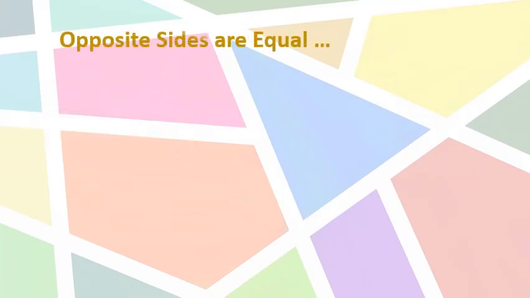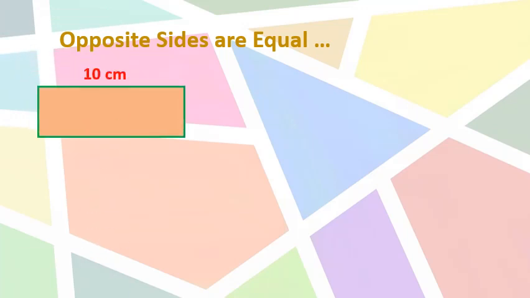Now, opposite sides are equal. What do you mean by opposite sides are equal? If this is a rectangle, this side, which is the length, is equal to 10 centimeters. The opposite side, which is also a length, is equal to 10 centimeters.